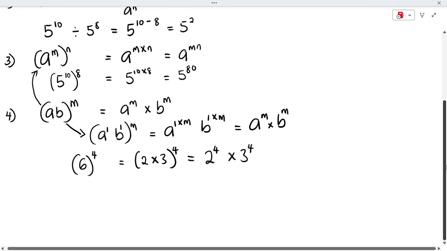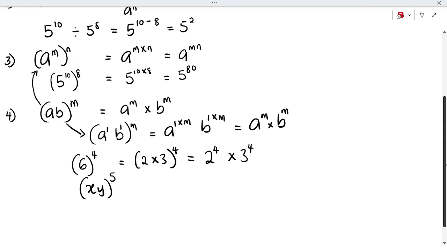As you are applying these laws to much more advanced questions, you'll be seeing these laws in place, and that's the reason why I'm bringing them out here. Now you can have something like xy raised to the power, let's say 5, still trying to use 5 over here. So what happens? It becomes x raised to the power 5 and then y raised to the power 5, and so on and so forth.